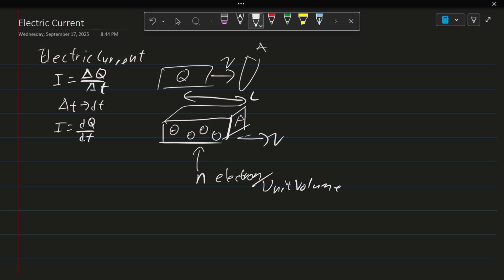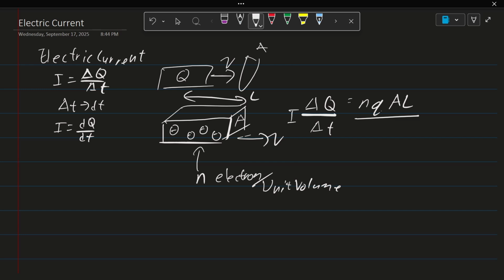The change of Q, after an amount of time in which all of this object is transposed by L, will be the entire charge of this entire volume, which is n times q, where q is the charge, multiplied by the volume, which is A times L. You divide this over the change of time to get your current.